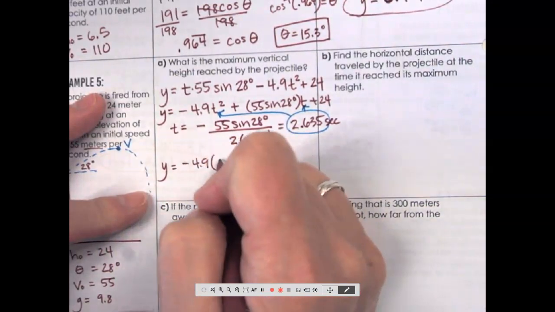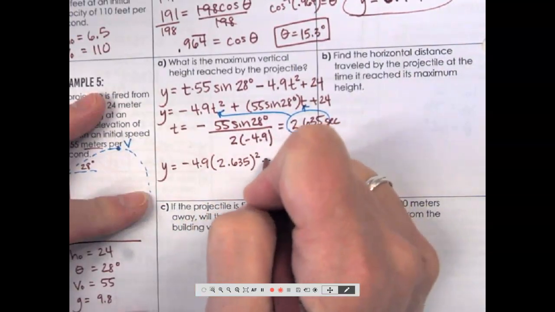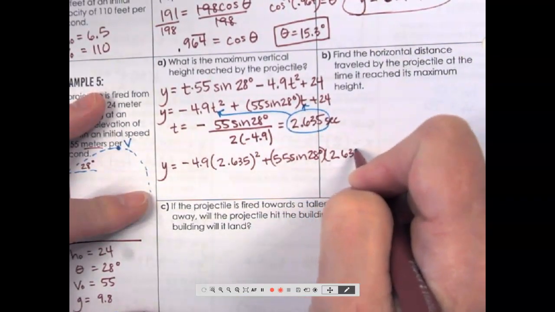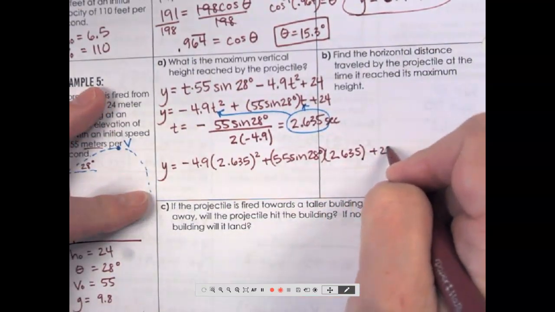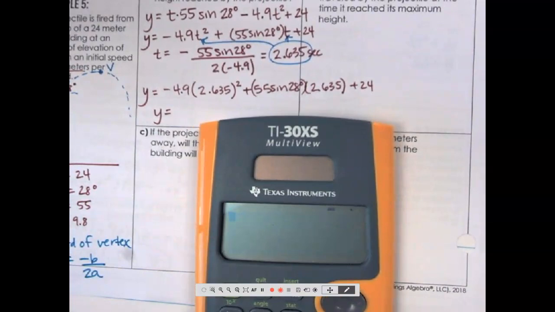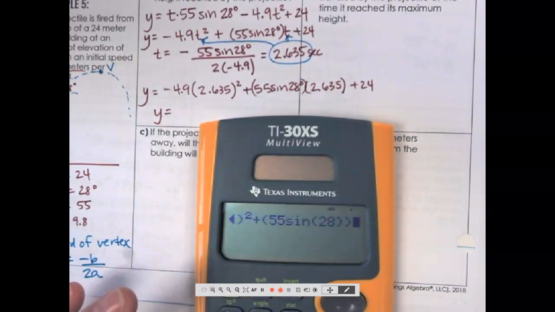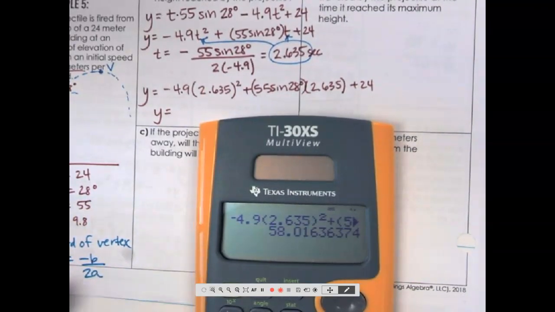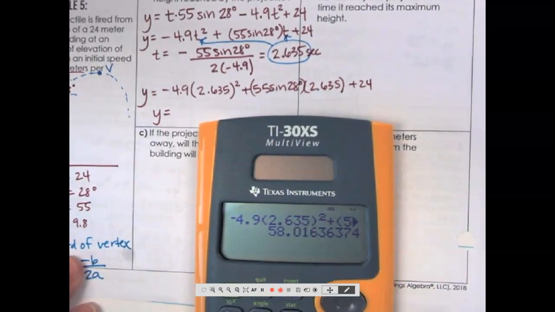Negative 4.9 t squared... .02. Did y'all get the same thing?